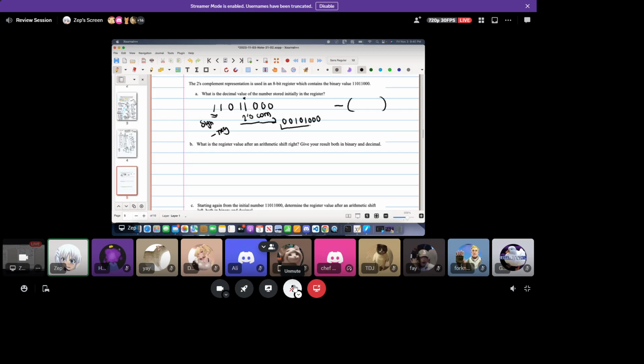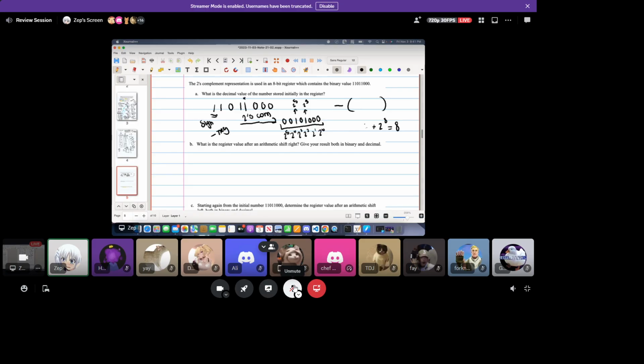And then we convert this to decimal as before. This is 2 to the 0, this is 2 to the 1, 2 to the 2, 2 to the 3, 2 to the 4, and then 2 to the 5. We can see here that 2 to the 3 is on and 2 to the 5 is on. We know that 2 to the 3 is 8.